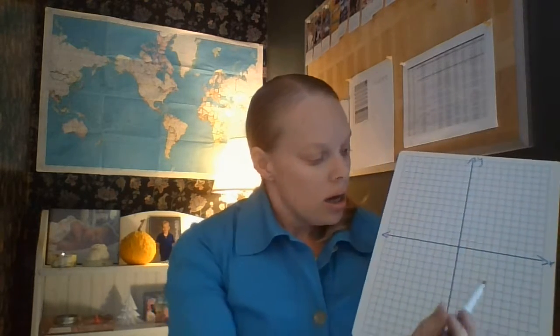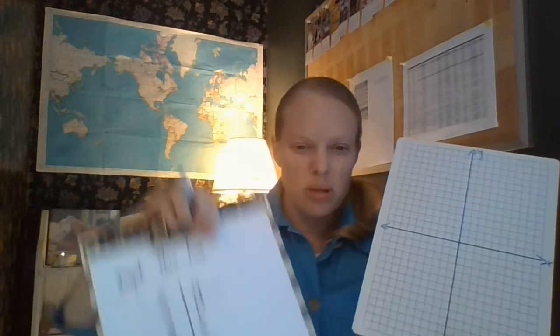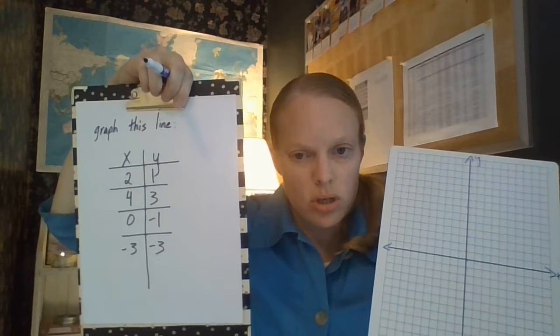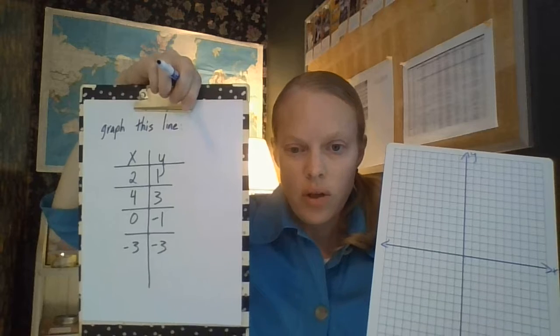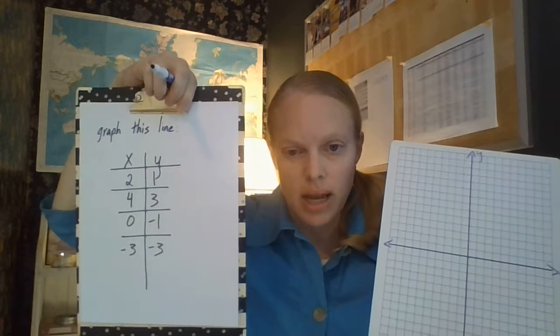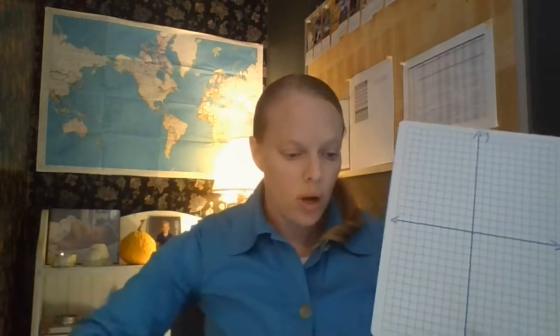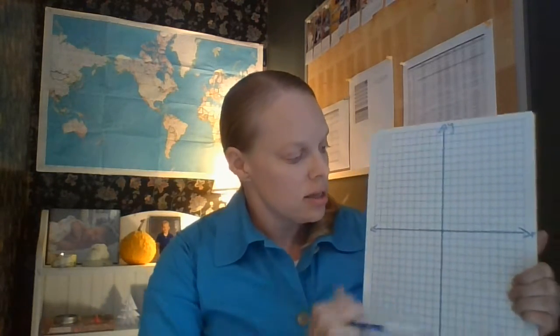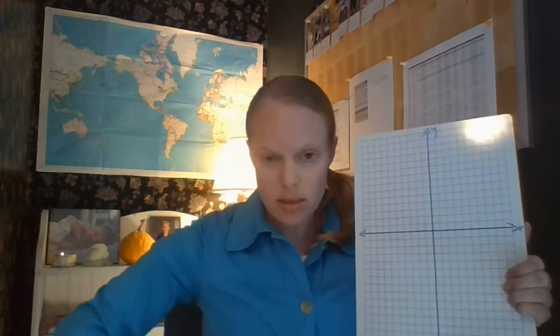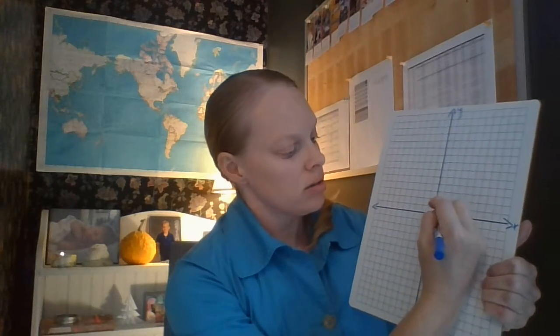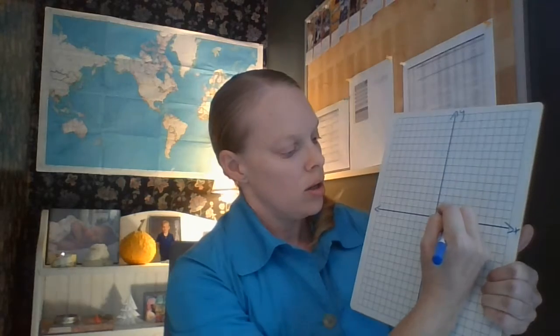Now, our numbers are pretty small. They're not huge, not 3-digit numbers or 2-digit numbers. They're all single digits, even though some are negative. One of them is 0. That's okay. So in order to make this coordinate graph, we're just going to have every single little square be 1.